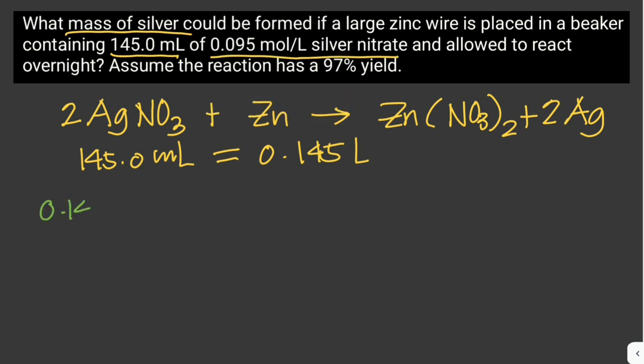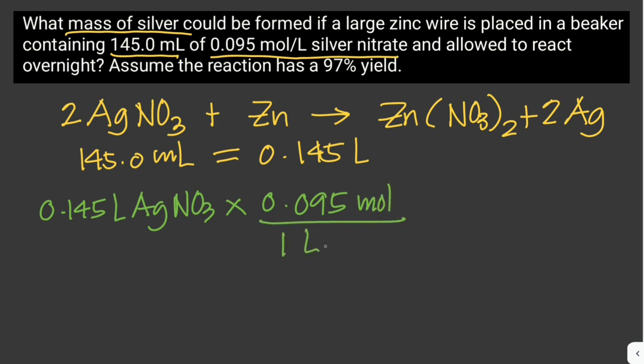So we start from there. 0.145 liter silver nitrate. We multiply this by the molarity to get the number of moles of silver nitrate per liter AgNO3, and then we multiply this by the mole ratio of silver and silver nitrate, since we need to solve for the mass of silver.